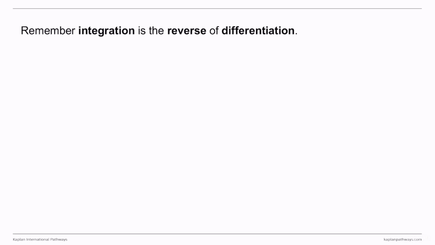What you need to remember is integration is the reverse of differentiation. When differentiating, if you remember, we did this last time: if y equals e to the power kx, then dy over dx is going to be e to the power kx multiplied by the derivative of kx. In this case, the derivative is k, which is just a number, yeah?